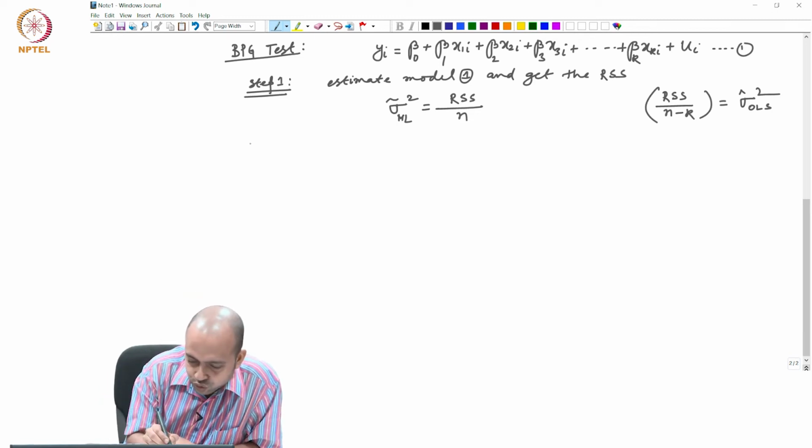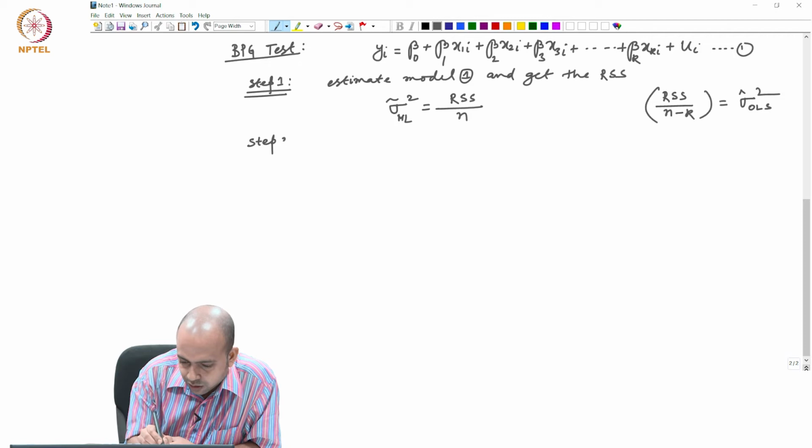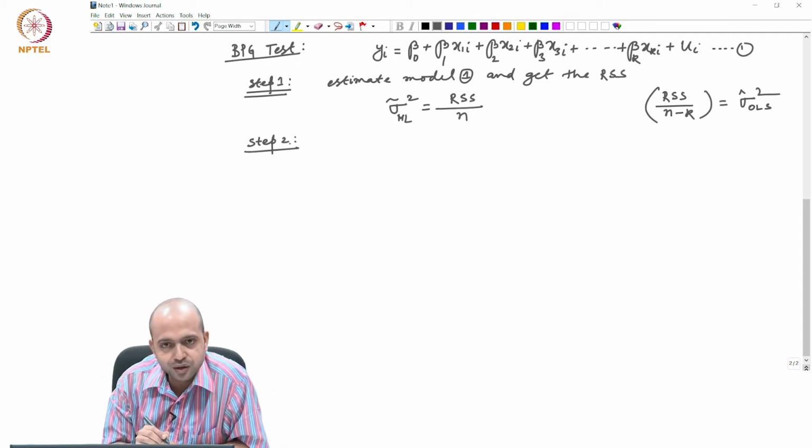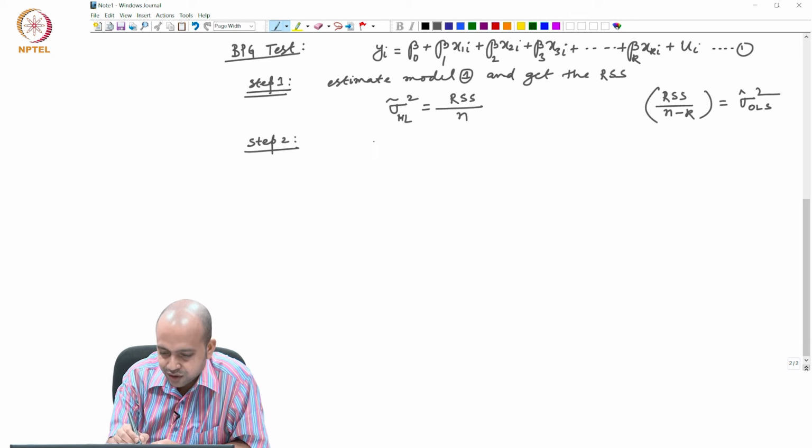Then in step 2, once you rectify your sigma square by sigma tilde square, you divide your ui hat square by sigma tilde square and define that as p.